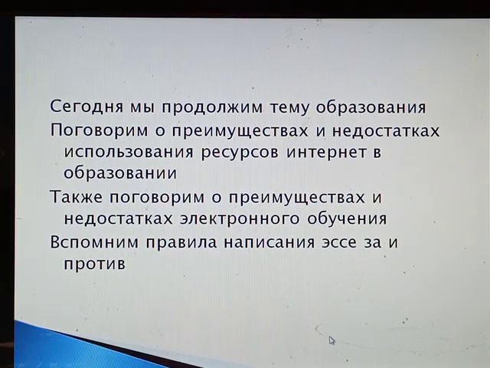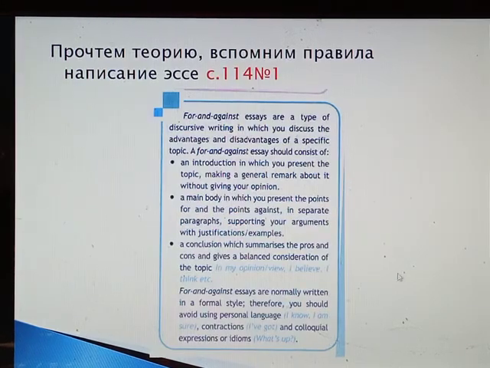So let's start working. First, let's remember the rules of writing for and against essay. What is for and against essay? For and against essays are a type of discursive writing in which you discuss the advantages and disadvantages of a specific topic.